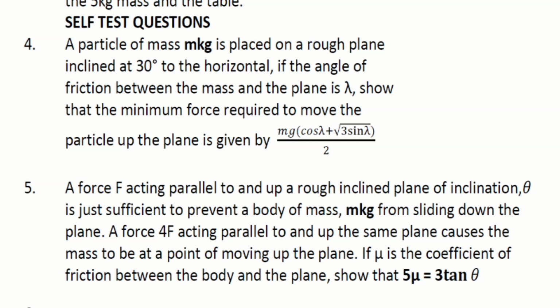Maybe some other information that I need to share on question number 4. On question number 4, allow me to inform all viewers following this lesson that the root 3 is not including the sign. Root 3, it is mg into the cos of lambda plus root 3 times the sine of lambda.